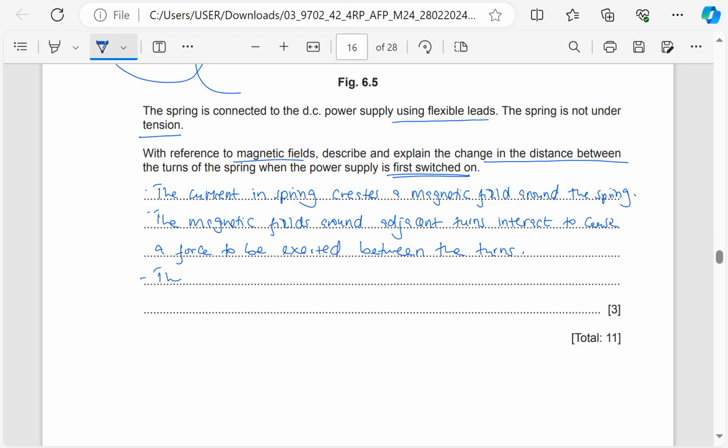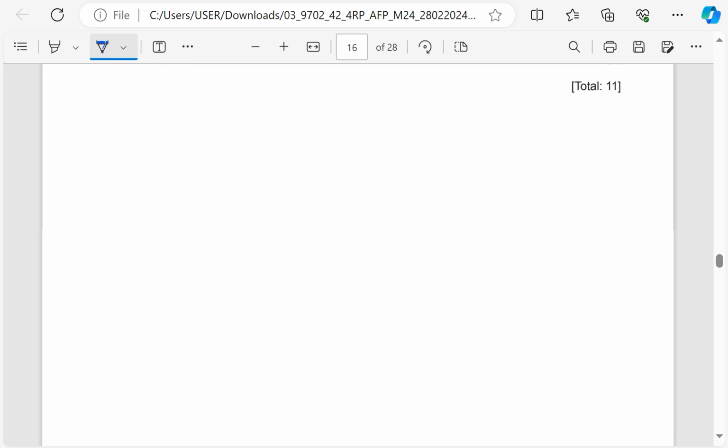The magnetic force is attractive, so the distance between the turns decreases.